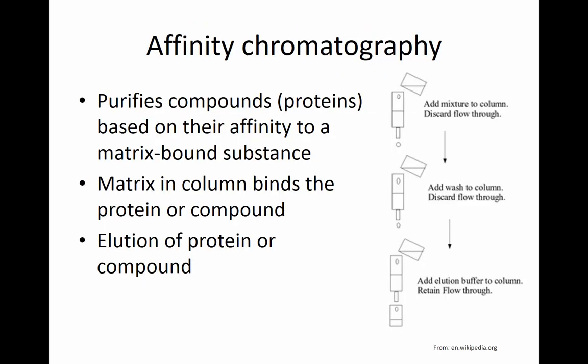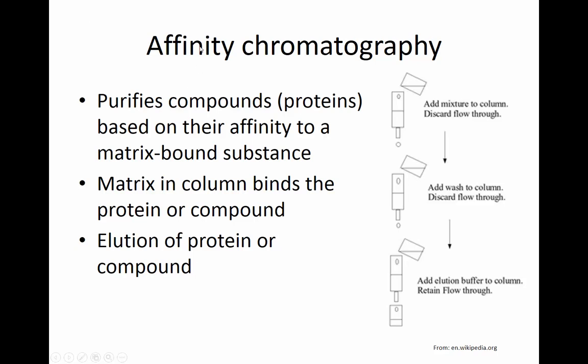Okay, one more chromatography to get to here. Affinity chromatography, and some of you will be doing affinity chromatography in the end of the semester group project that we will be doing. There are a variety of types of affinity chromatography that can be done. We'll do one that involves nickel binding.